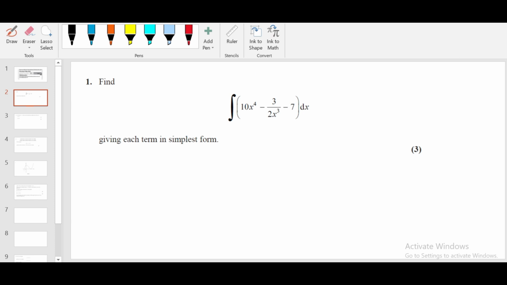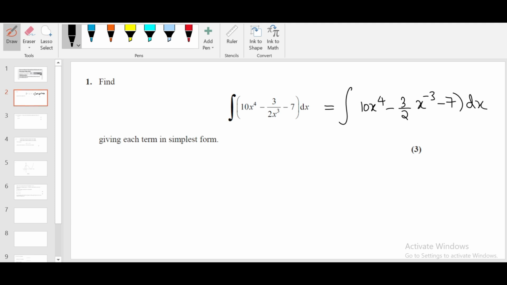Before you integrate this, write it this way: integral of 10x^4 minus 3 over 2 x^-3 minus 7 dx. So when you integrate, it becomes 10x^5 over 5 minus 3 over 2 x^(-3+1), which is x^-2 over minus 2, and 7 becomes 7x plus c.